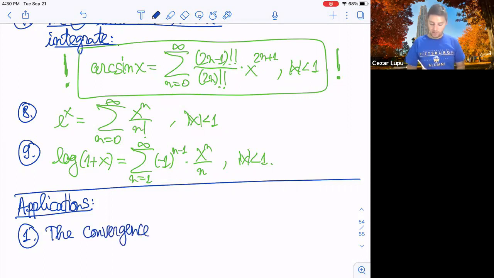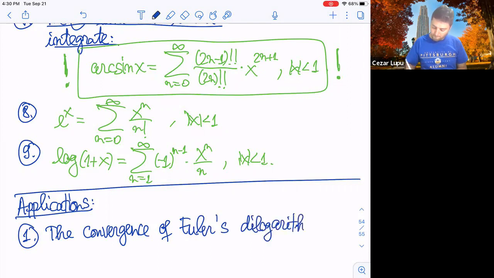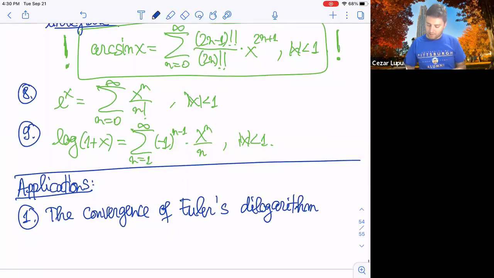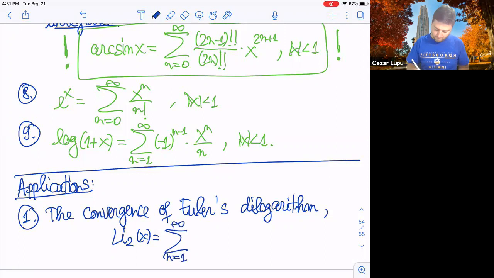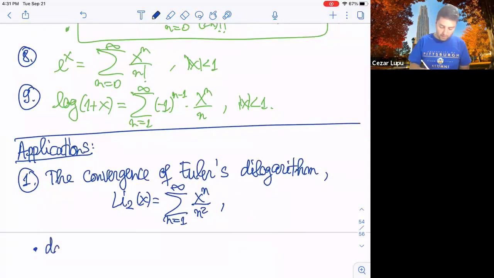We'll see what kind of convergence Euler's dilogarithm has. Euler's dilogarithm, Li of 2 of x, is given by this series, x to the n over n squared. We would like to see things here. Well, I don't want to say anything about x at this point. So we'd like to see the domain of convergence.